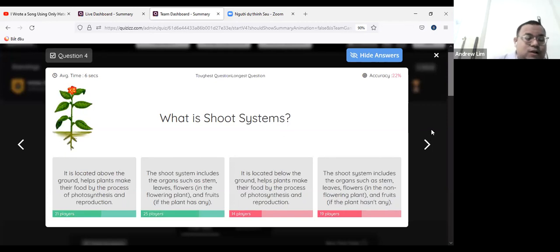A shoot system helps the plant to make its own food and allows the plants to reproduce. It also contains stem, leaves, and flowers and fruits if there's any. These are the standard description of a shoot system.